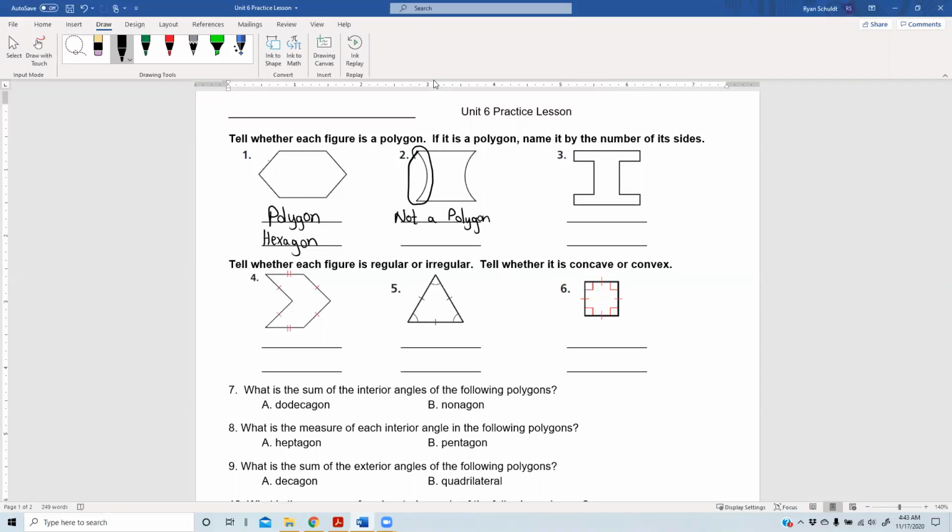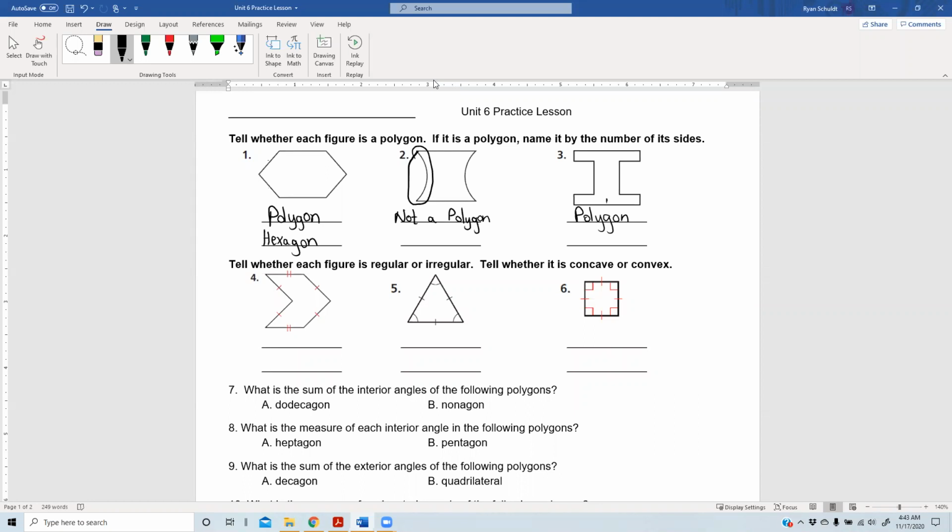And then number 3, we've got all straight sides. They're all enclosed. So we're good here. This is a polygon. And then now we've got to count our sides. We've got to do so carefully.